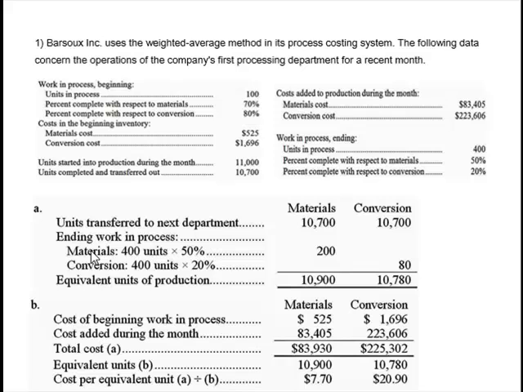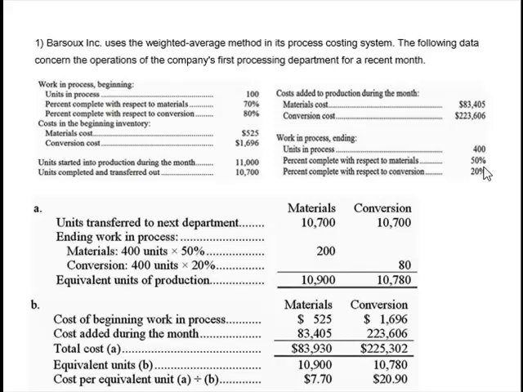Next, we're going to look at the units in ending work in process. So we can see up here that there were 400 units in ending work in process, but of course they were not fully complete with respect to everything because they're still in process. They're still in work in process. So these units are 50% complete with respect to materials and 20% complete with respect to conversion.